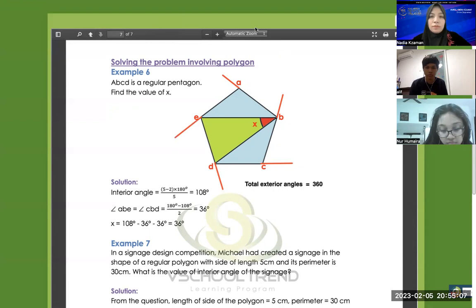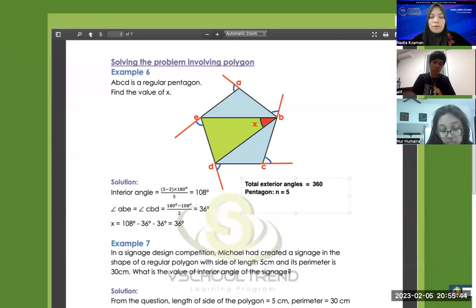What was my question just now? What will be the angle at each corner of the exterior angle? Okay. So for a polygon, a pentagon, it has 5 sides, so n sides. For a pentagon, n will be 5.